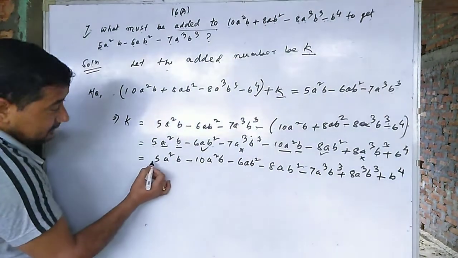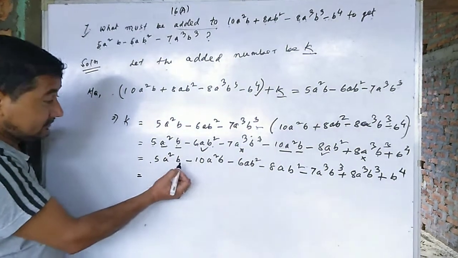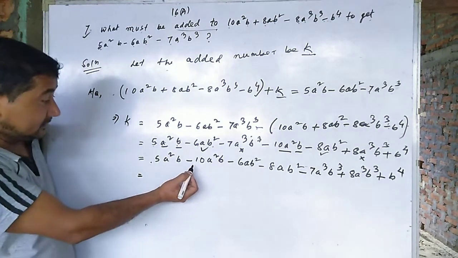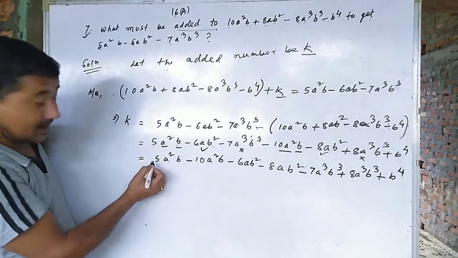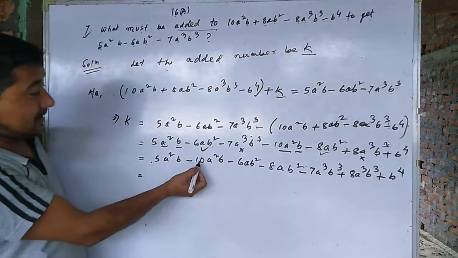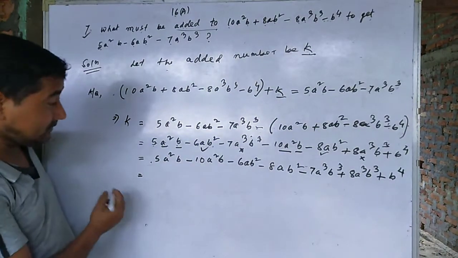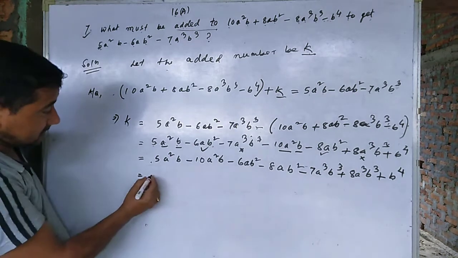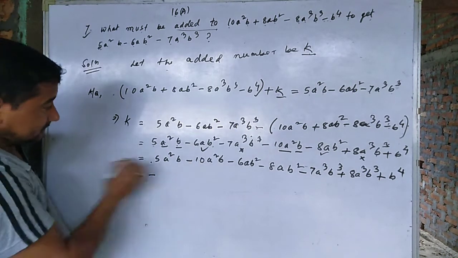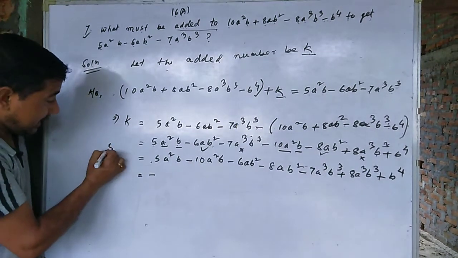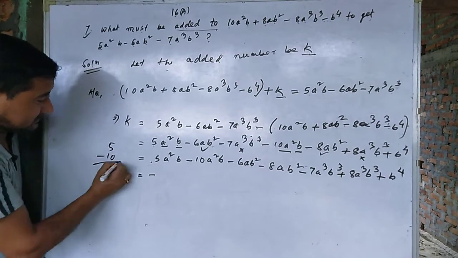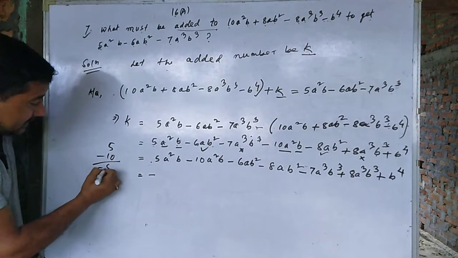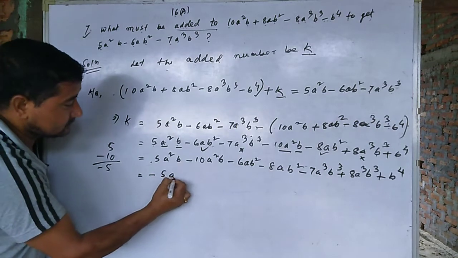Now plus 5 and minus 10: 5 minus 10 is minus 5, so we write minus 5a square b.